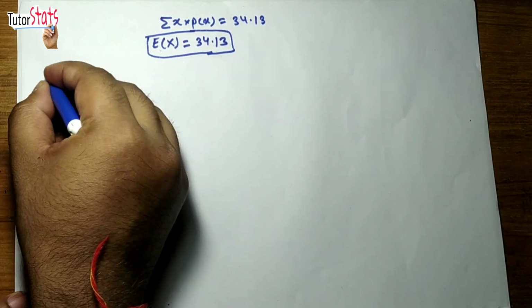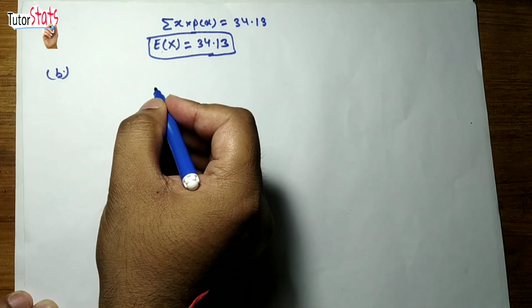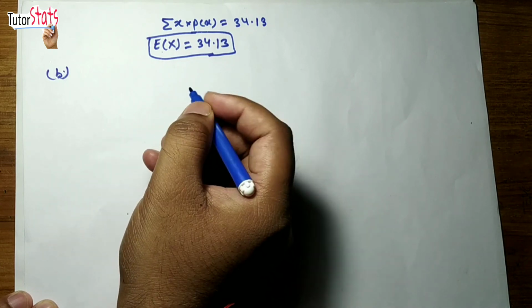Now in part B, we will calculate the variance for this distribution.